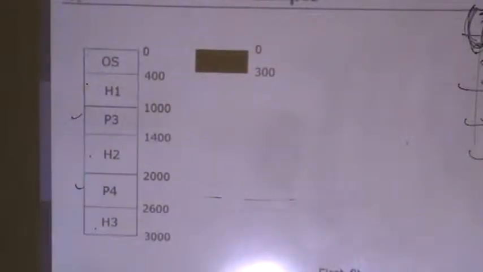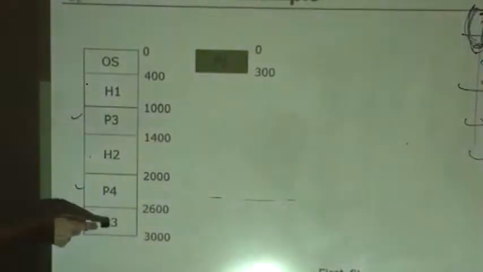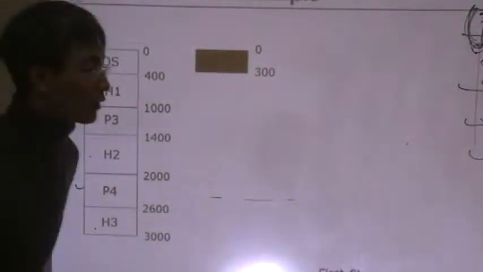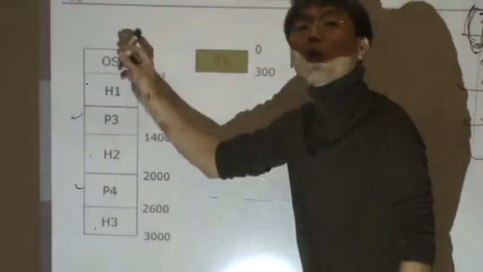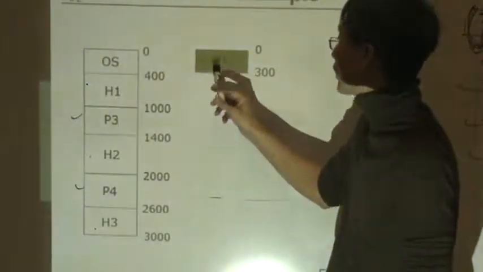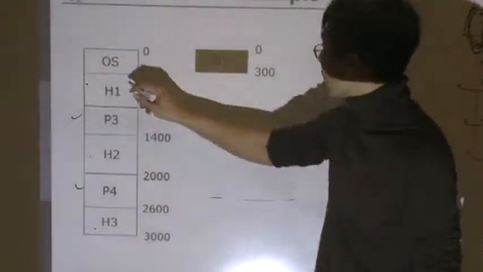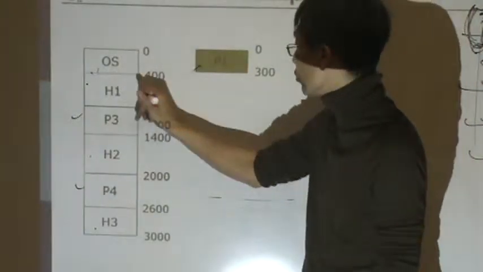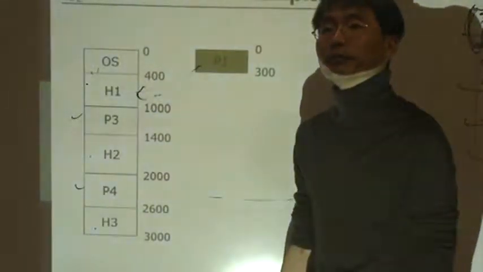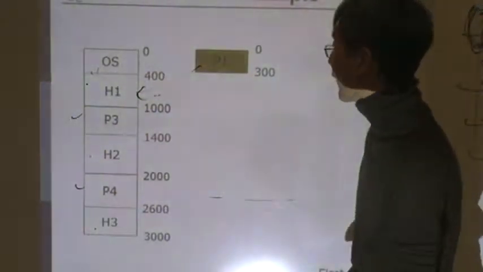The first hole is 600 bytes, the second hole is also 600, and the third one is 400. With first fit, if we want to load program P1 into memory, this one is the lowest address hole, so we can use it. This is the first fit.